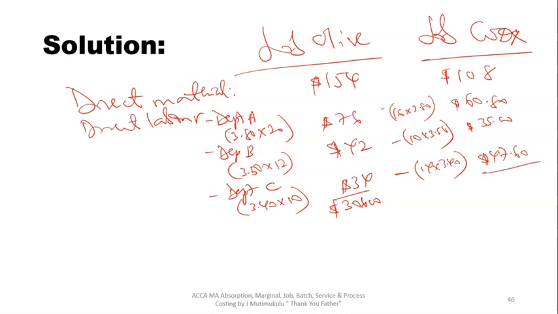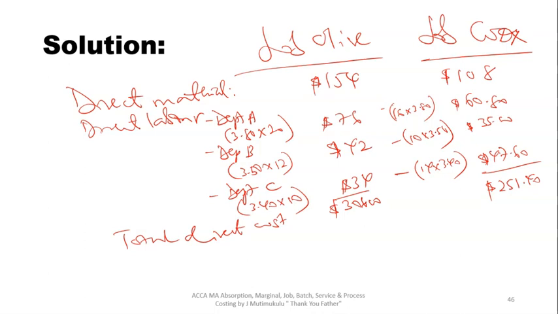We add them up: 108 plus 60.80 plus 35 plus 47.60, that's 251.40. Once we do this, we say these are our total direct costs.